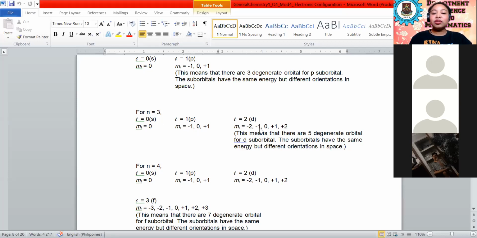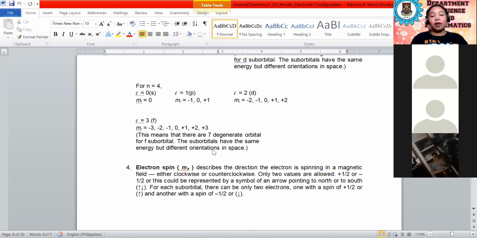So we have 5 beds, or 5 degenerate orbitals. That means for D, how many electrons could sleep there? 10, ma'am.